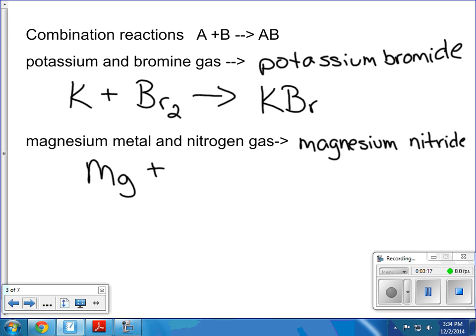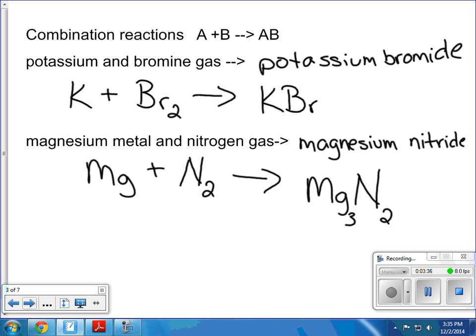Nitrogen gas. Nitrogen is one of our diatomics, so it becomes N2. Draw our yield sign. Magnesium nitride, MgN. And if we cross our charges, magnesium is a +2, nitrogen is a -3, so we have Mg3N2.